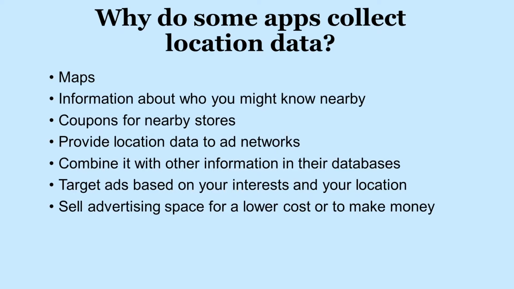They sell advertising space for lower cost or to make money. Have you ever wondered when you click on a website or an app that there's a website that says advertisement? That's called click for space. So when you click on it, that company pays the website in one form or another for having the information there.